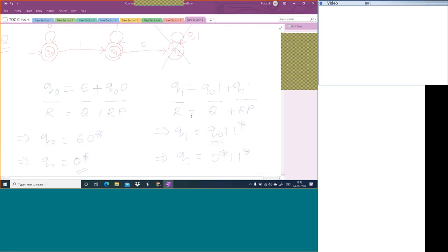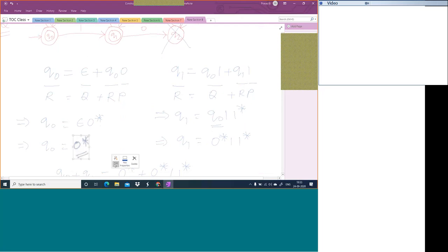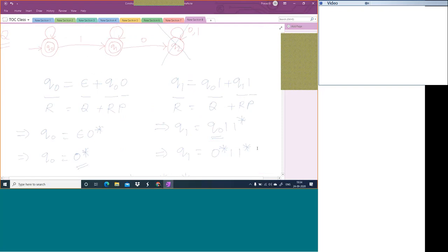Q naught is the final state, Q1 is the final state. Q2 is the dead state. That is an identity. Okay.